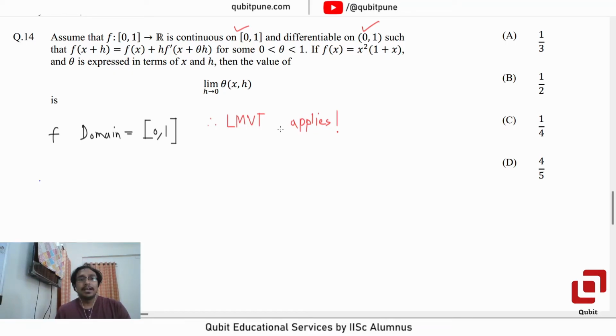Rather, we are going to use a fact which we can deduce from these options. Look, each option here, 1 upon 3, 1 upon 2, 1 upon 4 and 4 upon 5, shows no dependence on x. So the options indicate that the limit is independent of x.